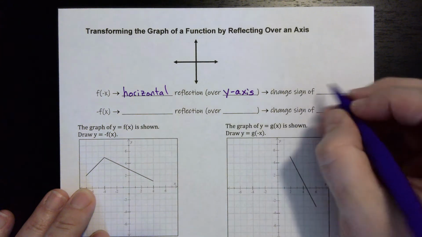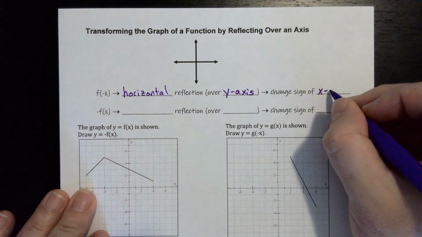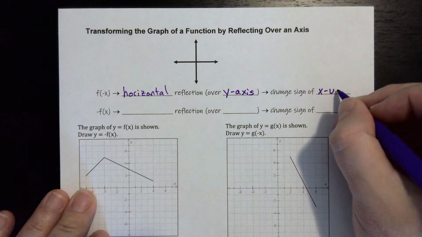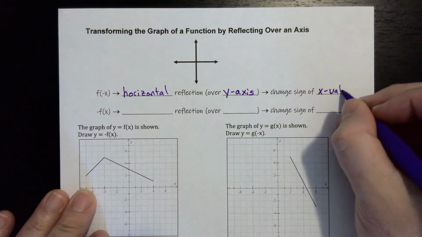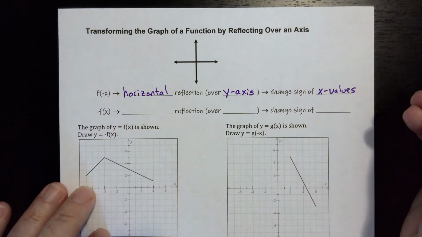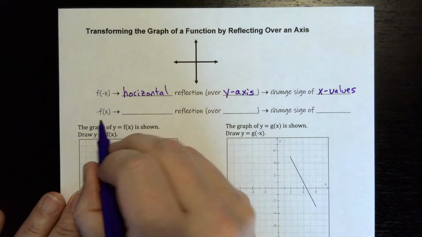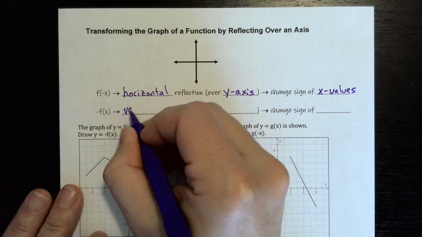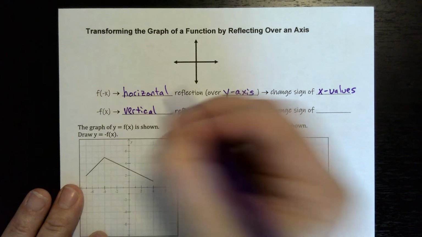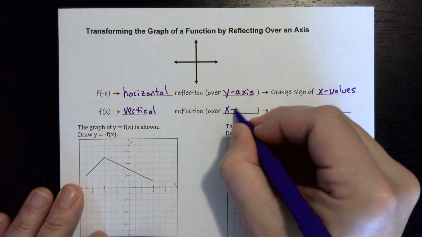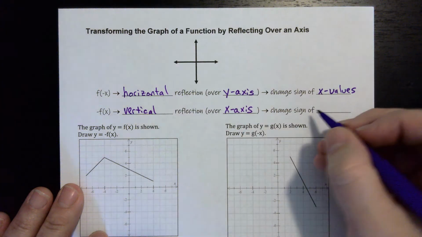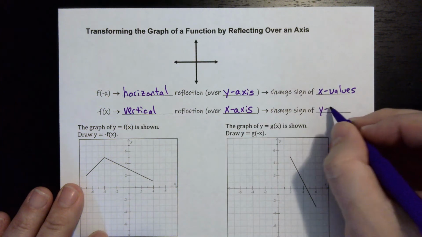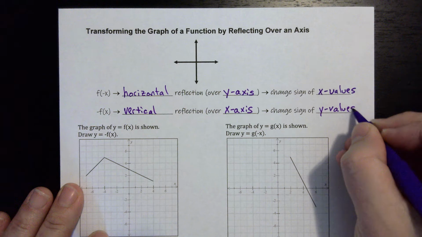So we will change the sign of all the x values. And if we have a negative in front of the function, then that is going to be a vertical reflection over the x-axis, and we will change the sign of all the y values.